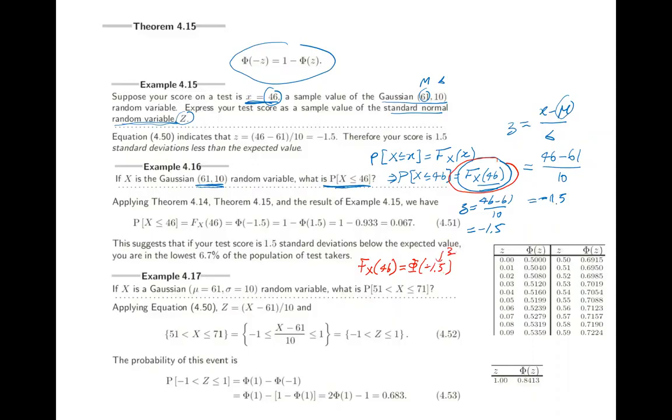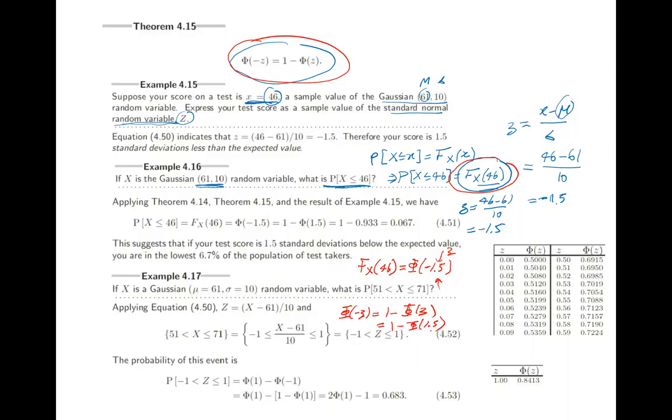Next we look at the table. Here's the table. I look at the number for z. Here there is no negative value, so I should use another identity. Here it is: phi of minus z is equal to 1 minus phi of z. Then phi of minus 1.5 is going to be 1 minus phi of 1.5.